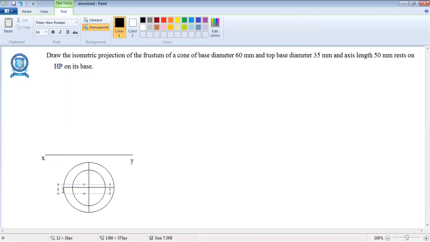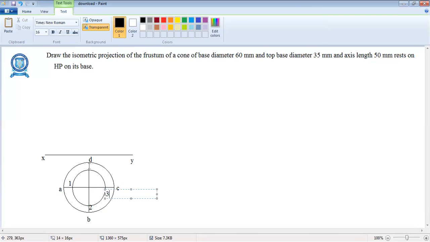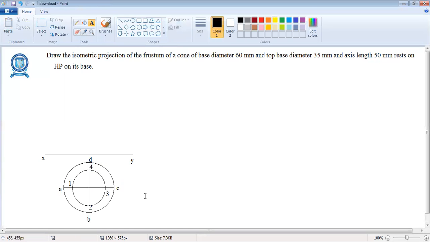Base A, B, C, D. In top, one, two, three, and four. That's the circle.